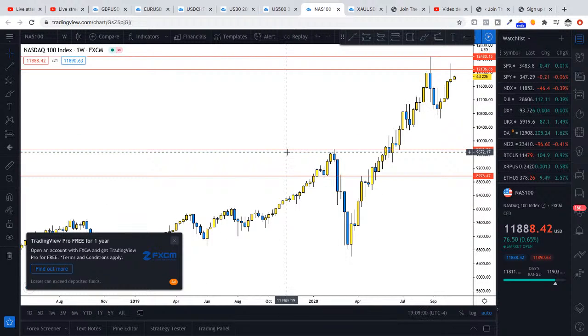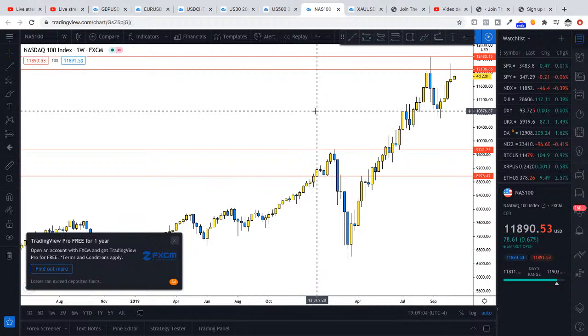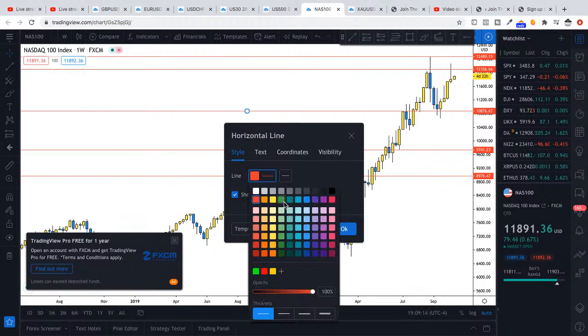So you can see on all of these, just looking at the weekly, as far as the indices are going, they have all failed to make, so far, higher highs. So that's what we're keeping our eye on this week.